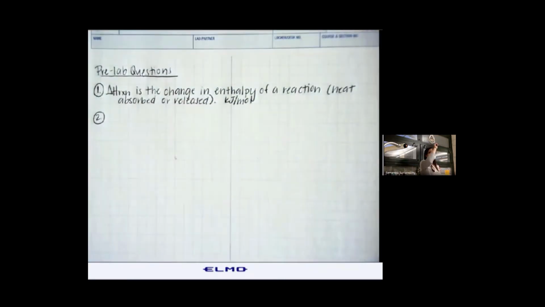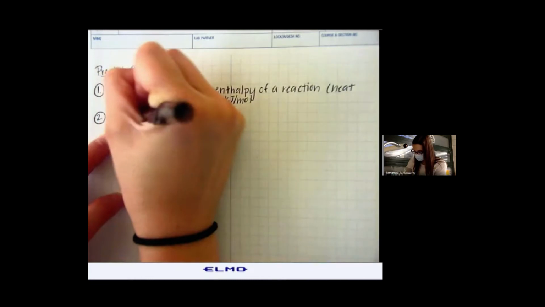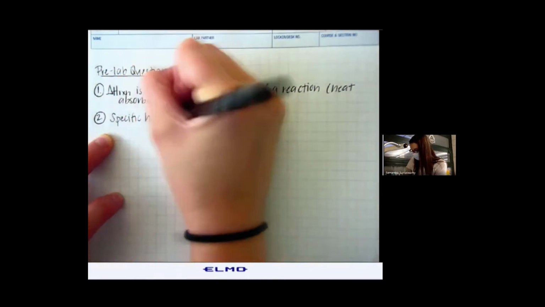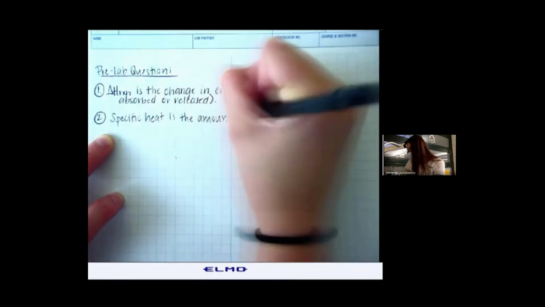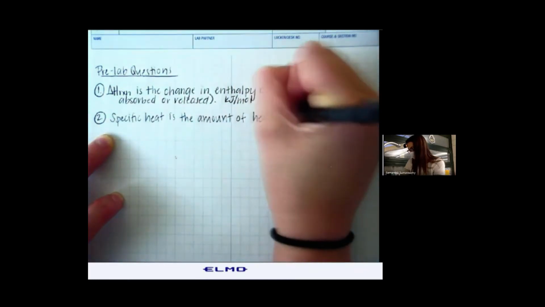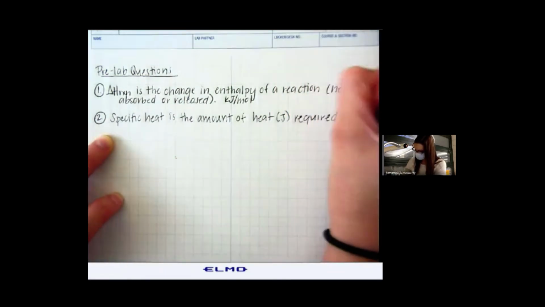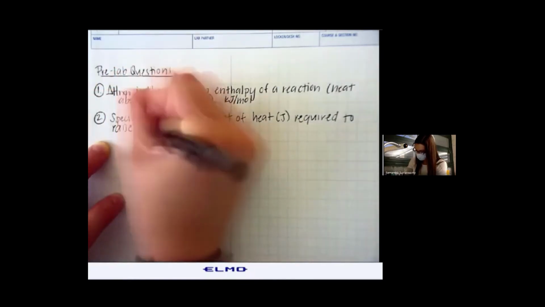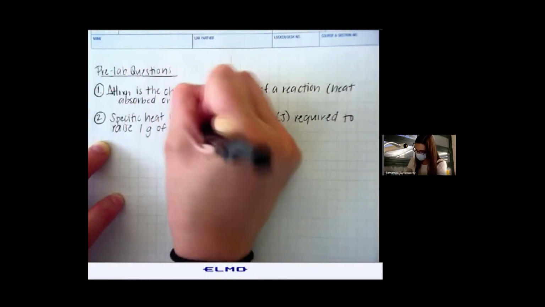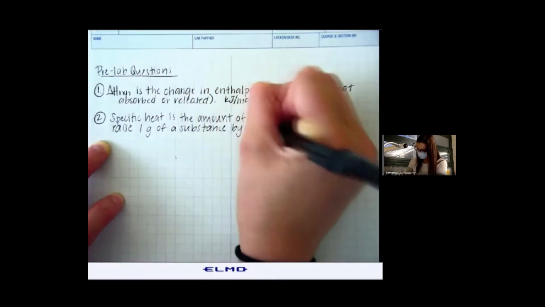So if we think about the units for specific heat, joules per gram degree Celsius, specific heat is the amount of heat, and in parentheses I'll put joules, required to raise 1 gram of a substance by 1 degree Celsius.